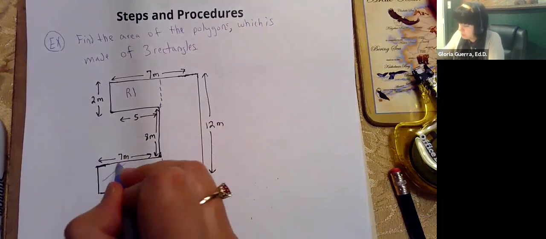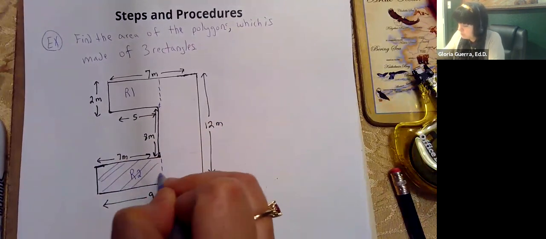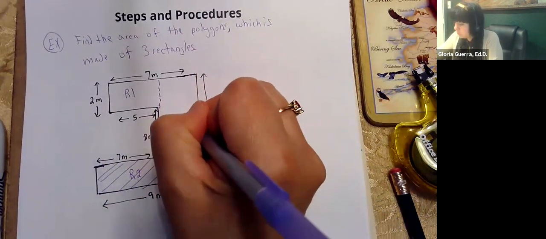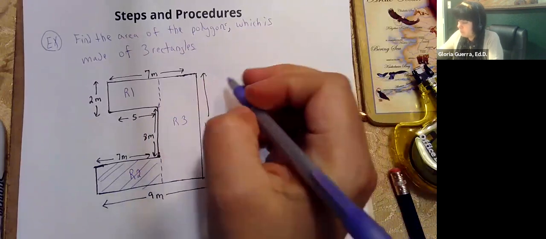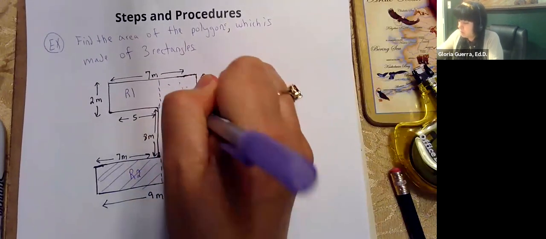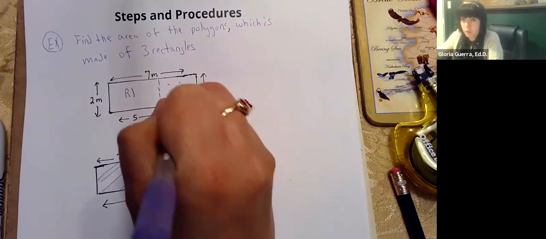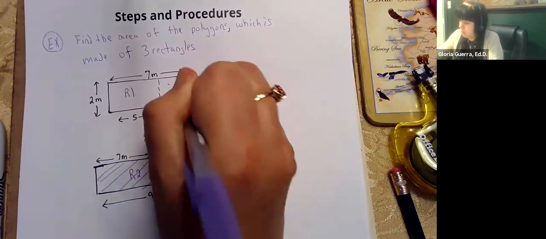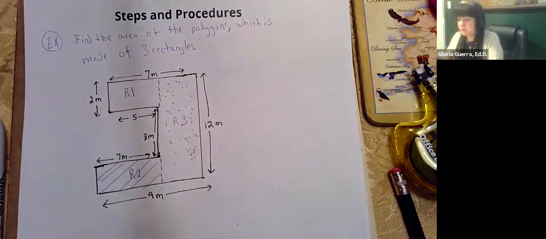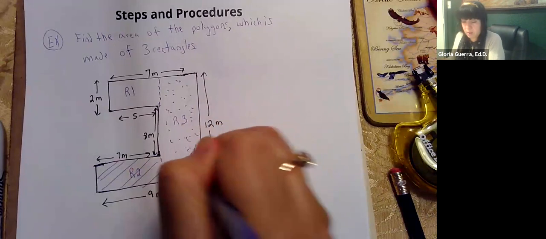Okay, I'm going to put large lines on there. And then this is called R3. Okay, it's a third rectangle.